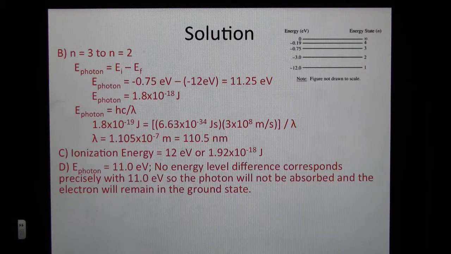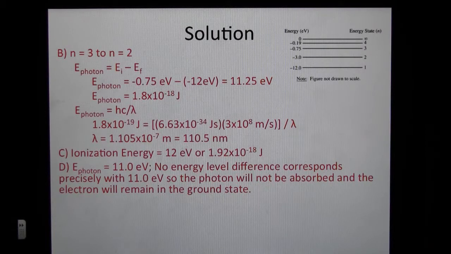Part D asks us, what effect would an incident photon with an energy of 11 electron volts have on an electron in the ground state? If the energy of the incident photon is 11 electron volts, then there's no energy level difference that corresponds precisely with 11 electron volts.